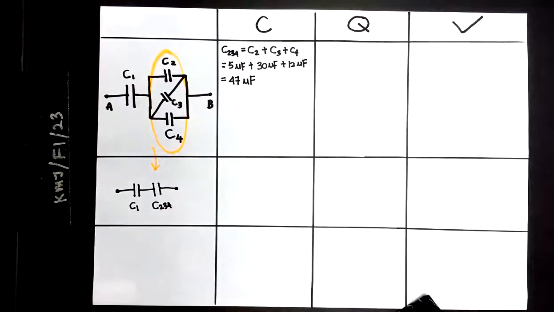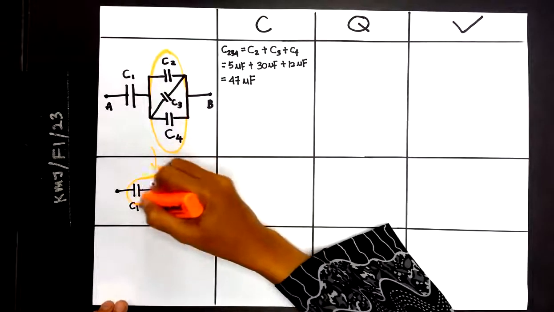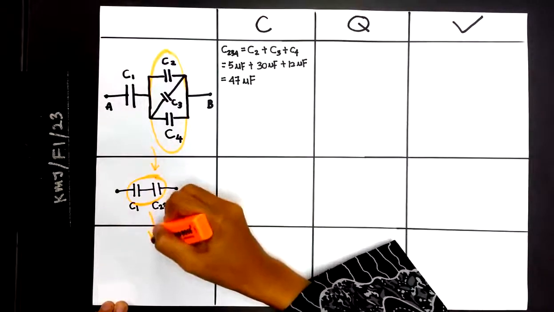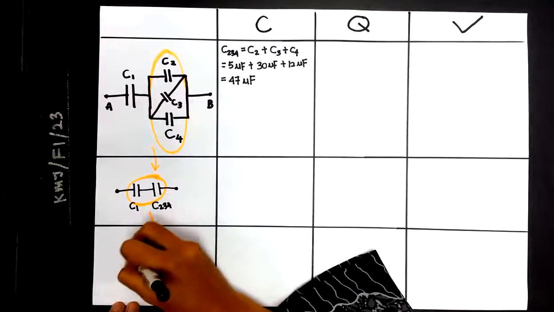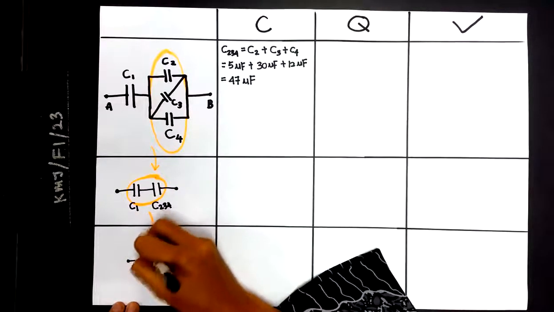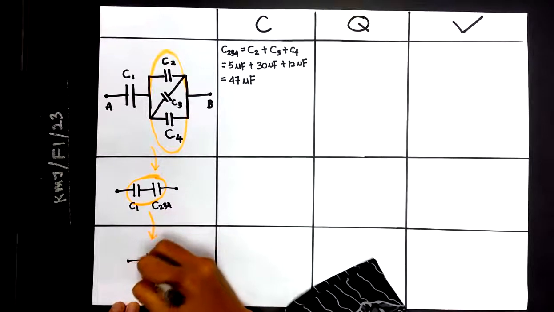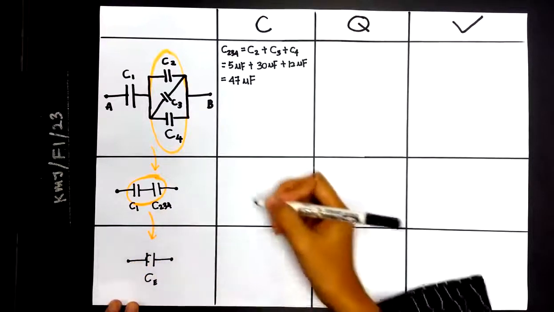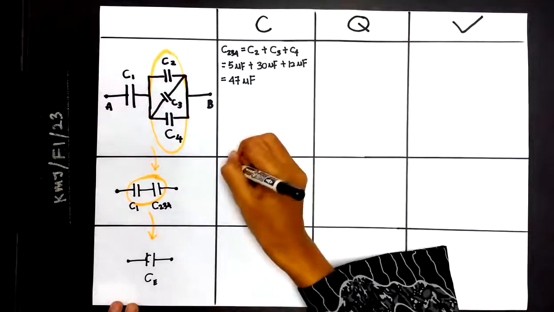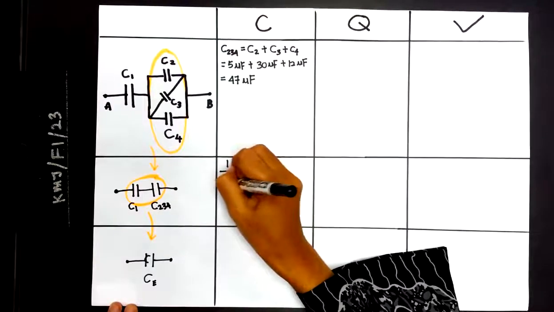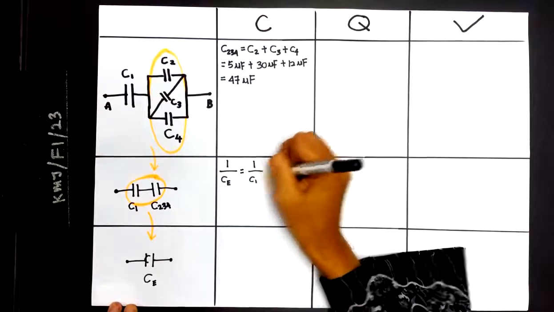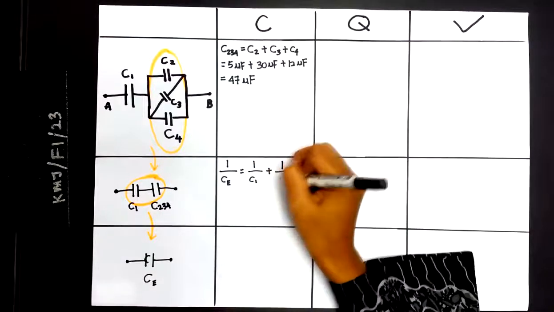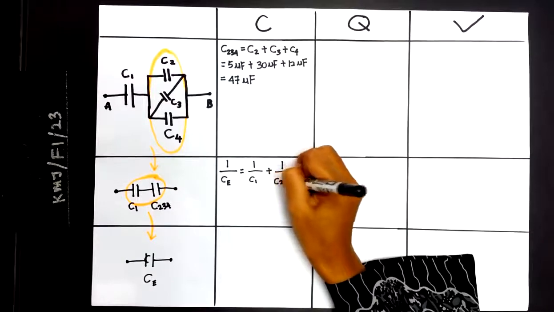Next, to calculate the combination of the series capacitors, we will get a total capacitance, or C effective. And to calculate the effective capacitance for a series combination, we use 1 over C effective equals 1 over C1 plus 1 over C234.